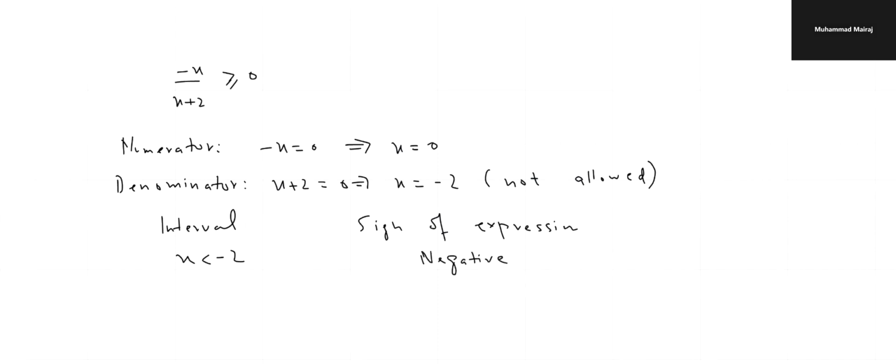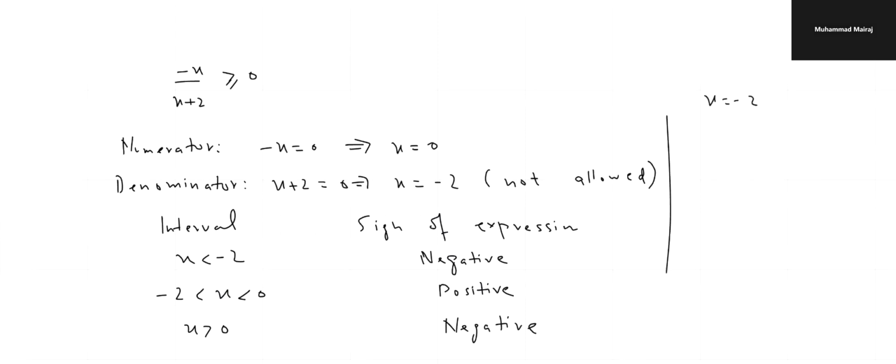And when x ranges from -2 and x is less than 0, that is positive. And when x is greater than 0, it's negative. So the domain conclusion is that x equal to -2 would not be included, so it is excluded.